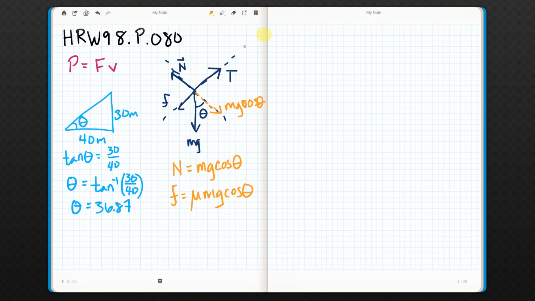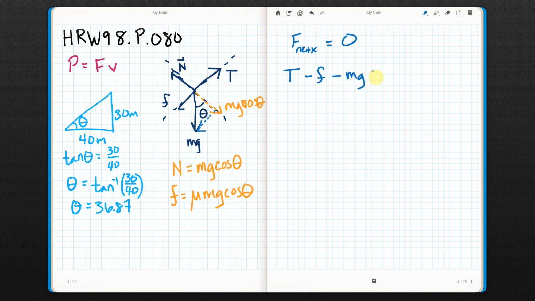Then in the x direction, the net force needs to equal 0 as well. I've got the cable pulling up the slope, that's T. Down the slope, I've got friction, and also down the slope, I've got the x component of gravity, which is across from the angle, so mg sine theta.